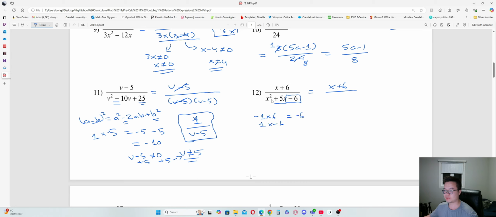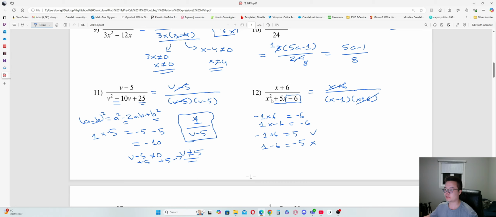They both give me negative 6, which is correct. But when we add, minus 1 plus 6 gives me 5, but 1 minus 6 gives me minus 5. So this is wrong, this is correct. Therefore I will have x minus 1 and x plus 6. This is my factor form.